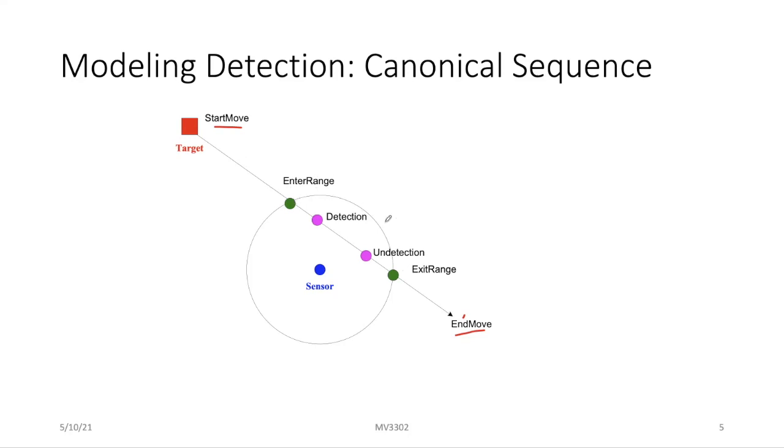And then just concentrating on the green dots, at some point later, if the target just keeps moving and nothing happens to it, it'll eventually move out. So once this exit range occurs, there'll be, again, no chance to have direct contact with that target.